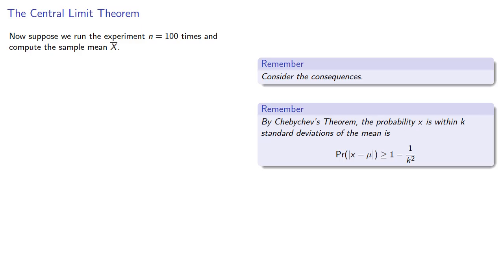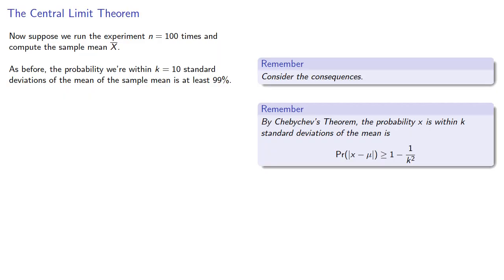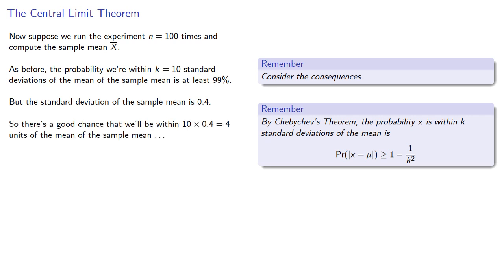Now suppose we run the experiment n equals 100 times and compute the sample mean. As before, the probability we're within k equals 10 standard deviations of the mean of the sample mean is at least 99%, but the standard deviation of the sample mean is 0.4. So there's a good chance that we'll be within 10 times 0.4 units of the mean of the sample mean, which is the same as the mean of the random variable.